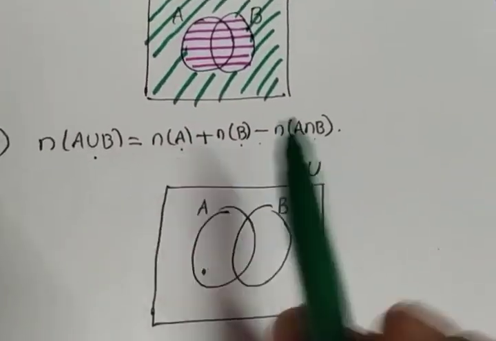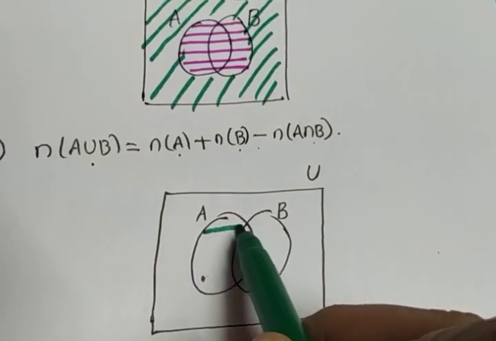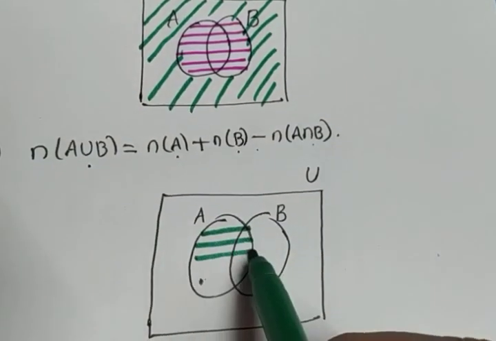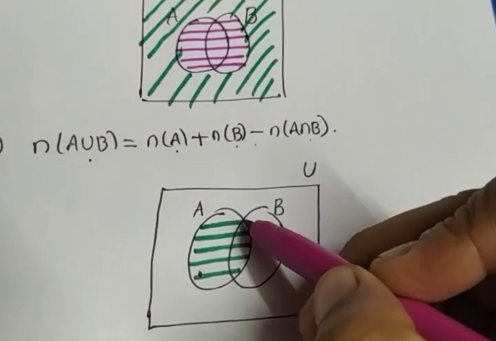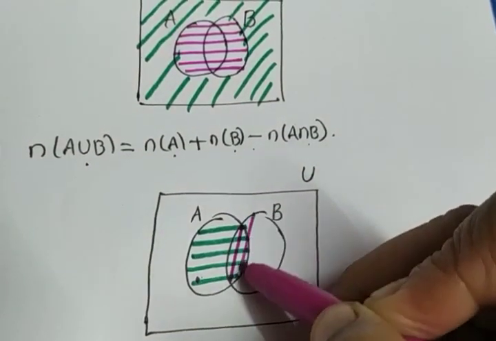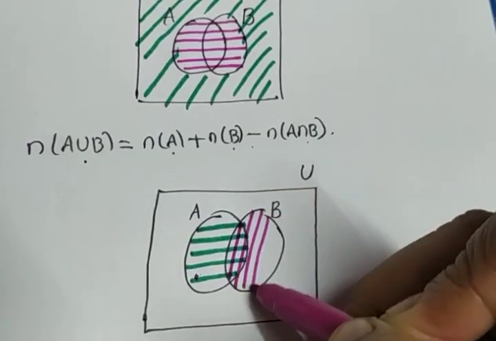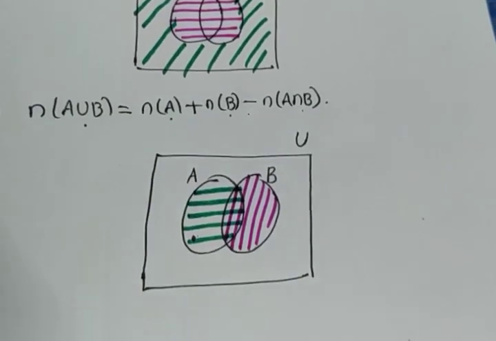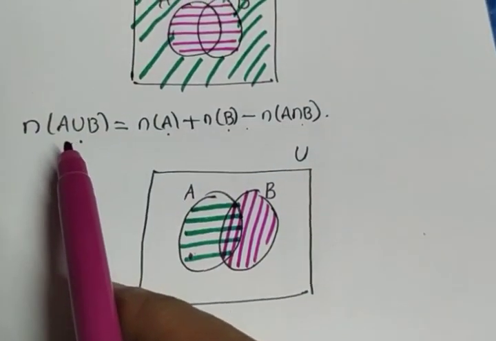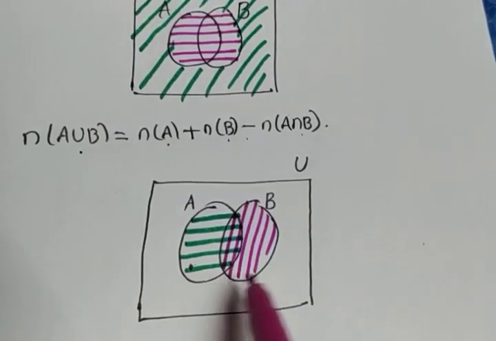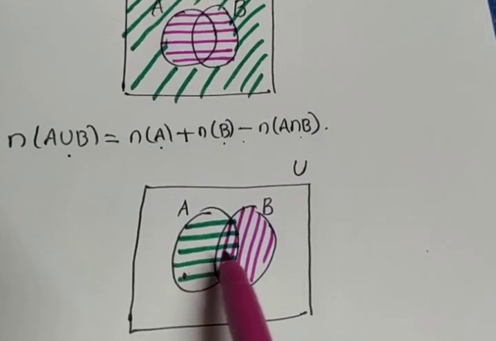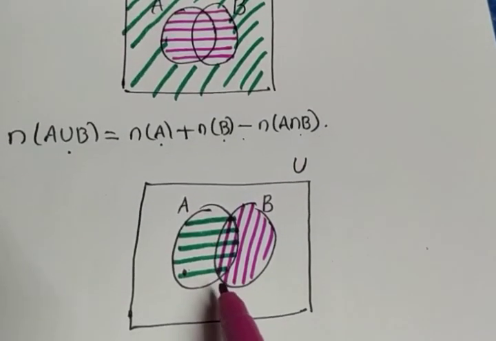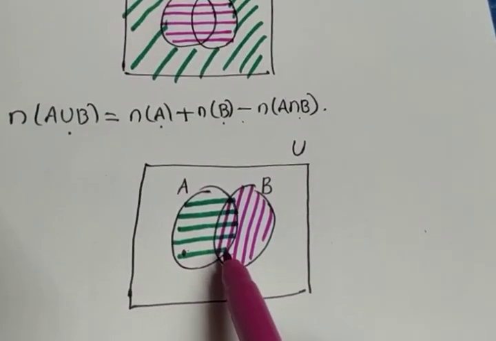I will take the right side, which is n of A. N of A, I am shading with the green colored line. And B, I am shading with the magenta colored portion. And on the left side I want to take the set A union B. A union B means the full set. But can you see here in this intersection region, green colored is there, magenta colored is there. That means the intersection portion repeats twice.